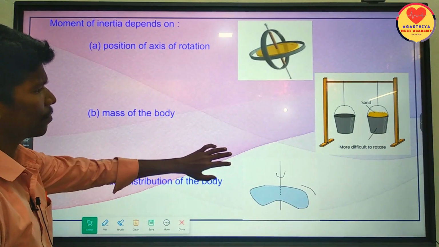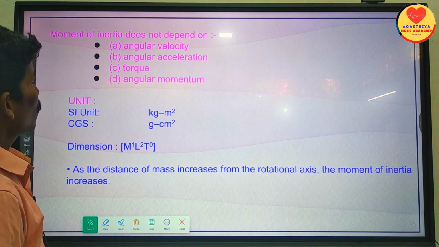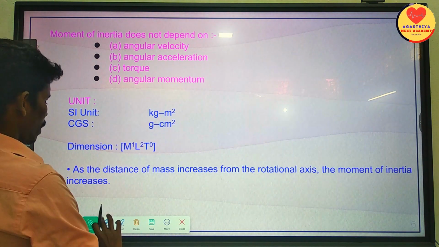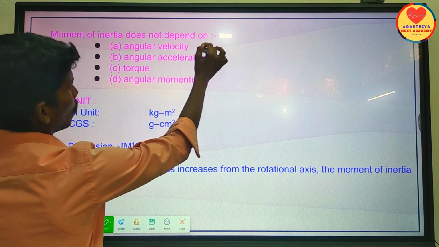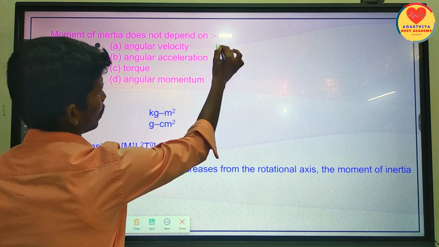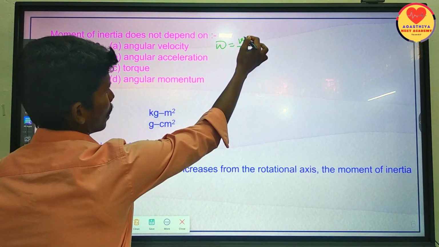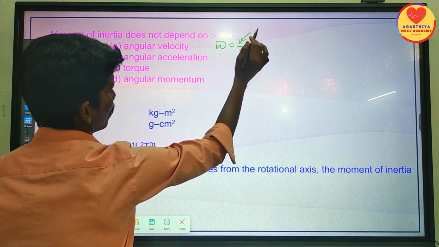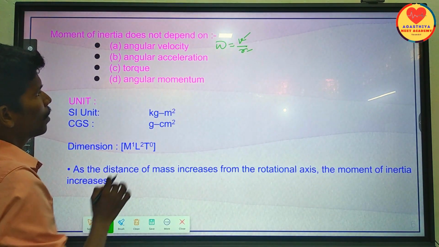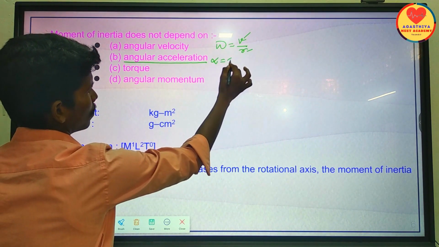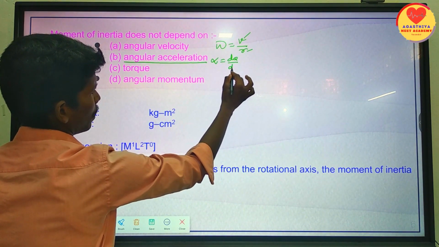Next, moment of inertia does not depend on number one, angular velocity, omega equal to v by r. Second, angular acceleration, alpha equal to d theta by dt.